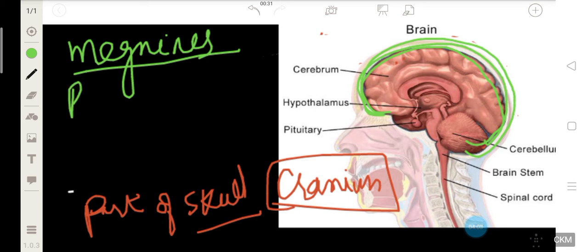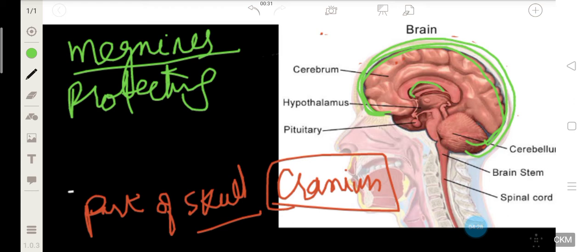These meninges not only protect the brain but also provide nourishment as well as oxygen to the brain through the capillaries.